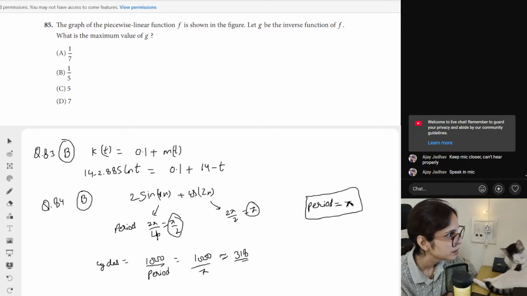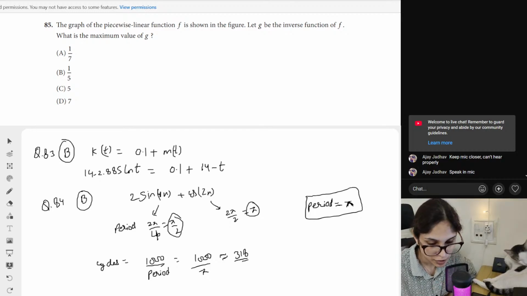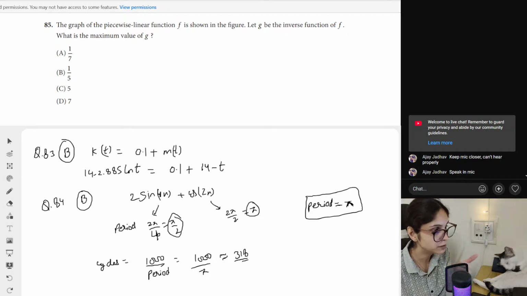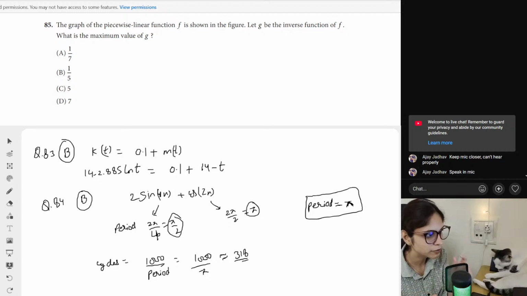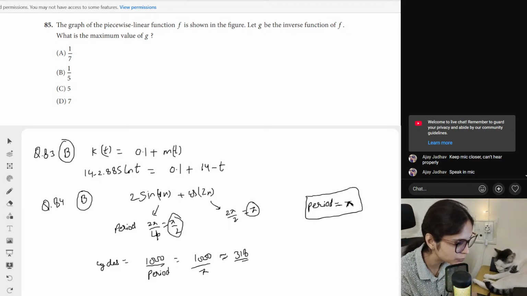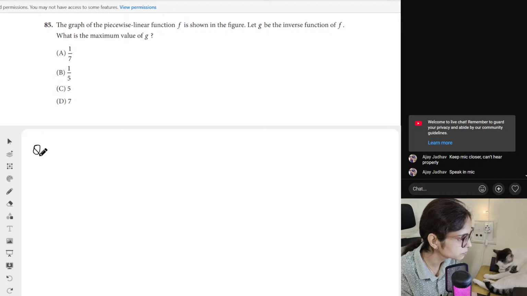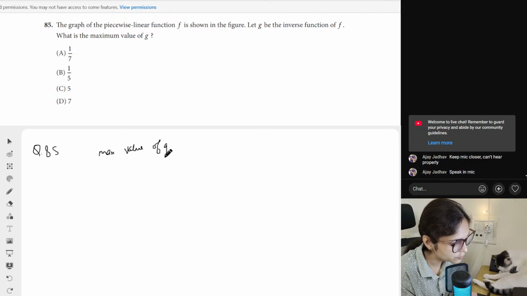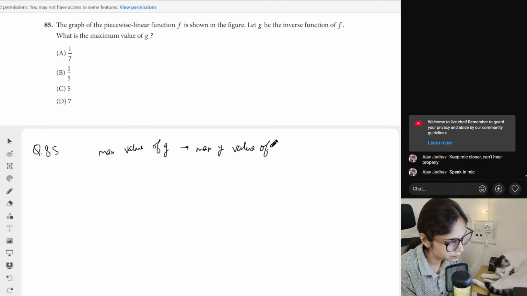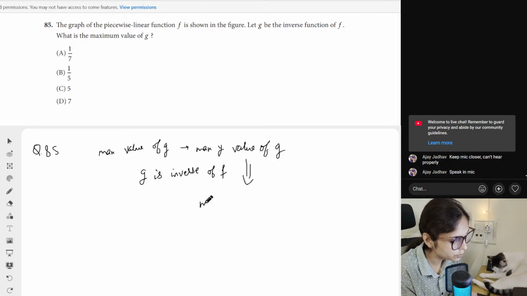You have to find the maximum value of G. Remember, the domain of f will become the range of G. So we are looking for the maximum x value in f if you want the maximum y value in G. So the max value of G is the max y value of G. G is the inverse of f. So that means we're looking for the max x value of f.